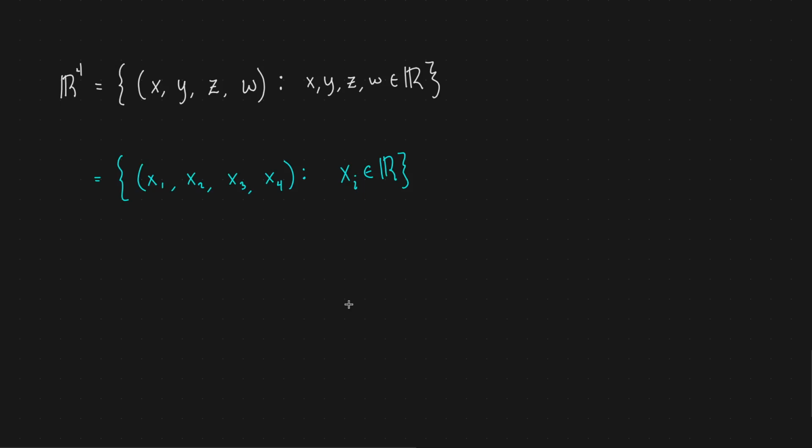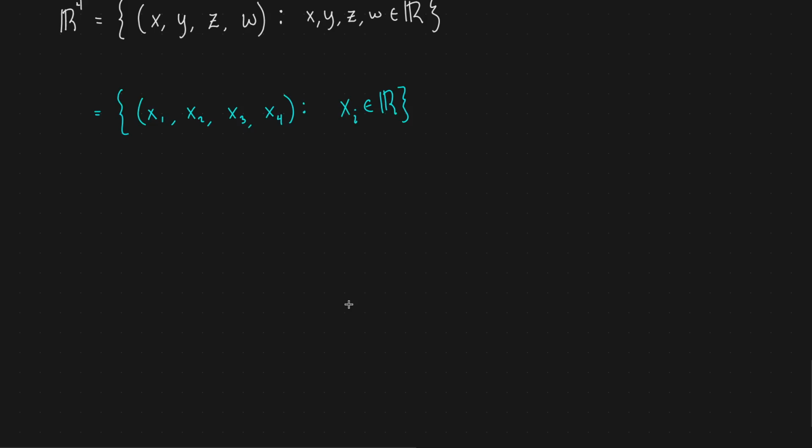And then continuing, you could generalize this to Rn, where n could be any number. Okay, 1, 2, 3, 4, 5, 17, 306. It just means we have n real numbers. And especially once we get past 4, we usually just use subscripts to indicate our variables.